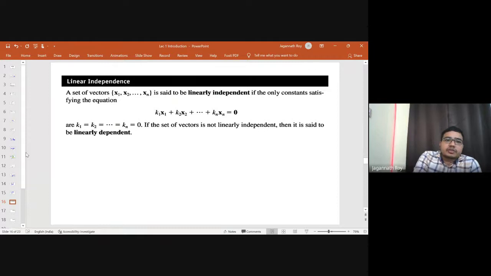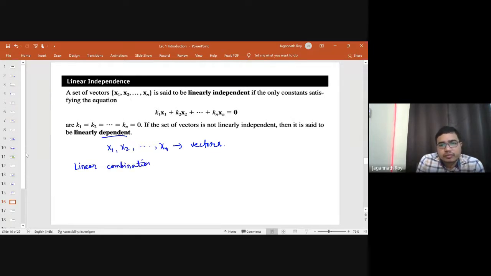Now, there is a concept called linear independence and dependence. Suppose we have n vectors x1, x2, up to xn. You take the linear combination, as we have just seen, and make it 0.